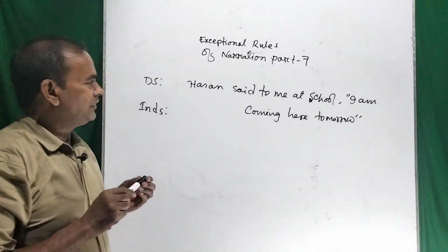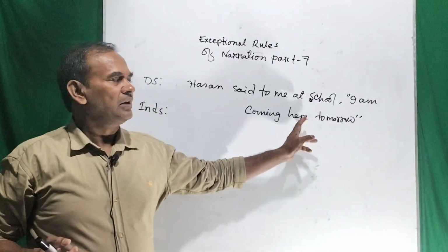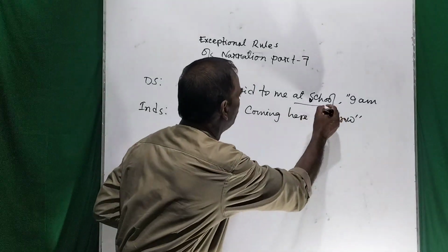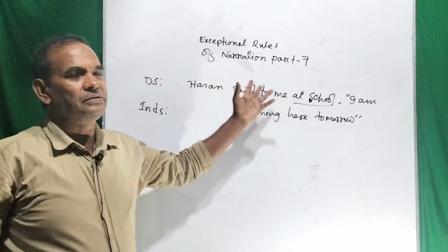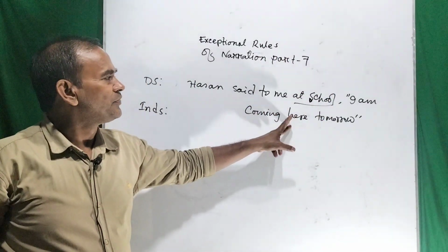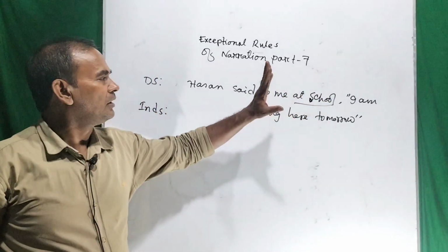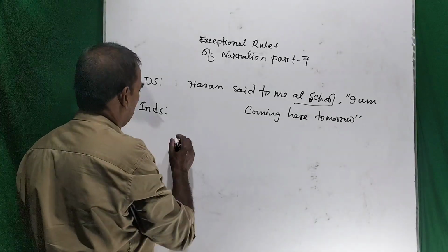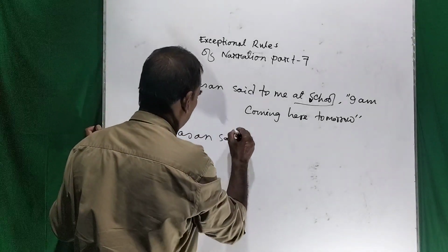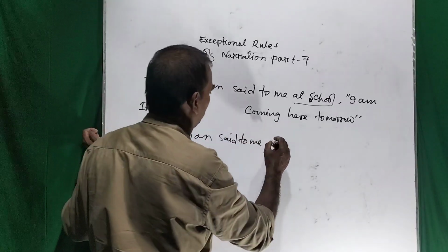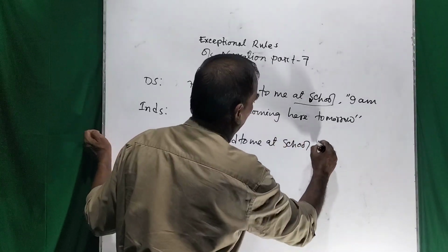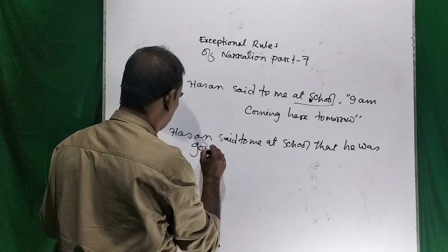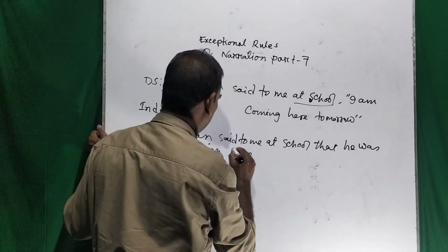So dear students, you see in this sentence, this "here" has been directly expressed by a noun phrase, that is "at school". That means "at school" means "here". So in this case, there is no anxiety to use the replacement of "here" in the indirect speech. So in this case, "here" also changes into "there". So Hassan said to me at school that he was going there the next day.